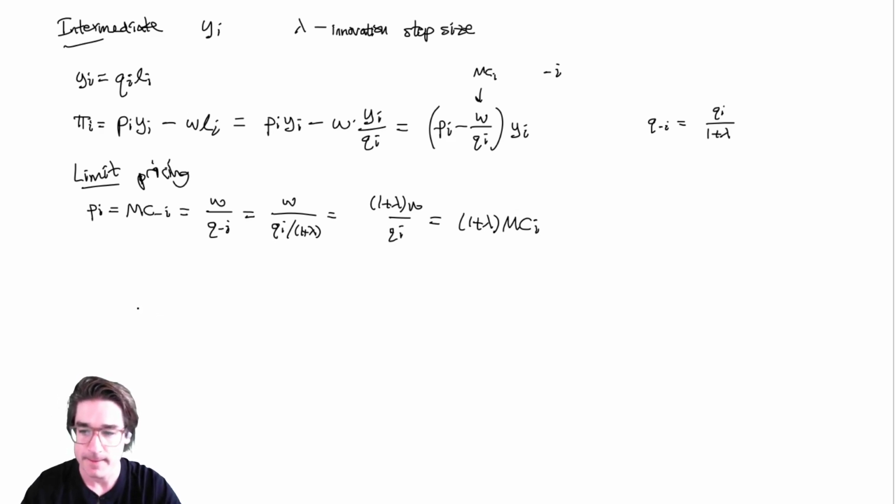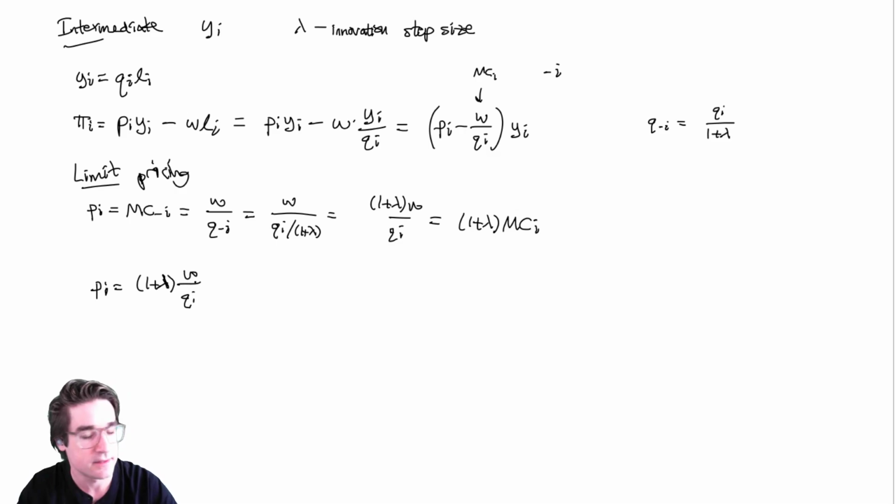Once we know their price, we're almost all set. So, full summary here: PI is equal to 1 plus lambda times W over QI. So that's number one.